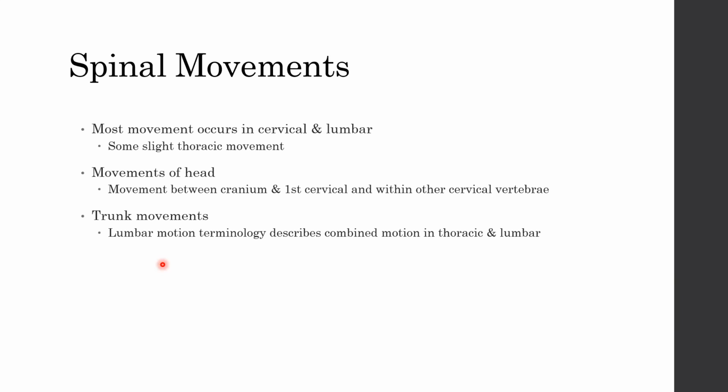And our trunk movements will mainly implicate our lumbar region and how it articulates with the thoracic region. Again, just know that our cervical and our lumbar region is where most, if not all, of our spinal movements are realized.